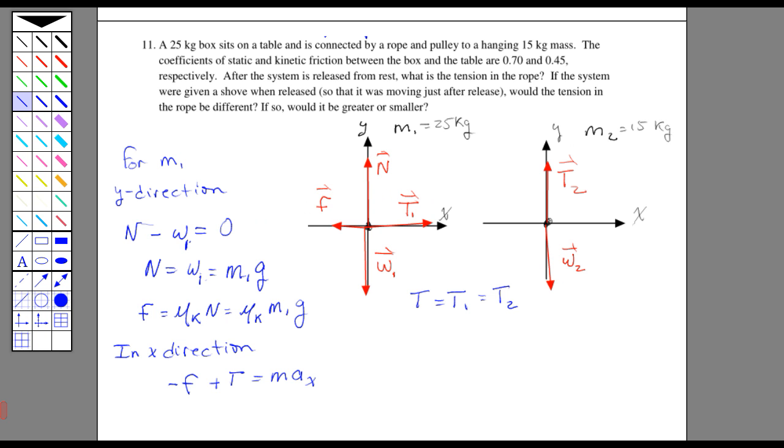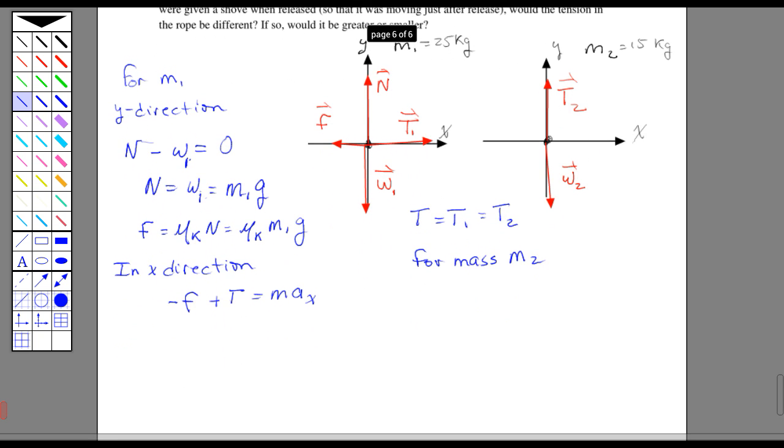So let's look at mass 2. For mass M2, we only have two forces. They're in the y direction. The magnitude of T2 is just T, and it's upwards, and the y component of W2 is going to be minus M2 times g. And this is going to equal M2 times the acceleration in the y direction.